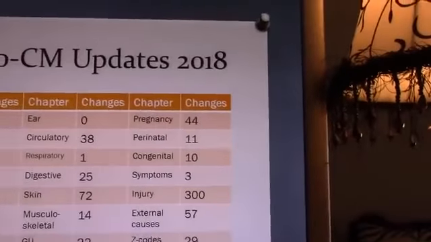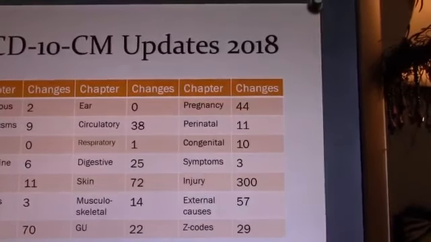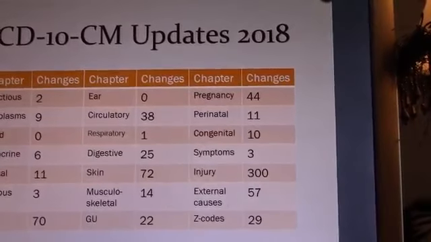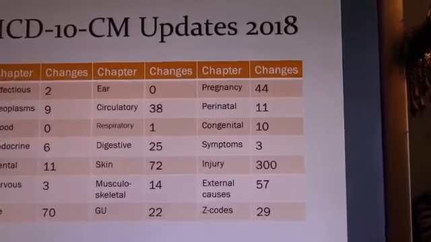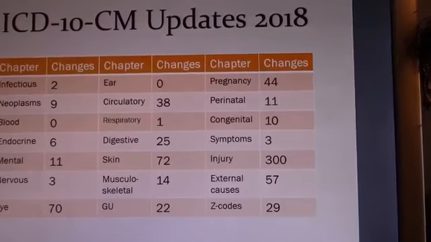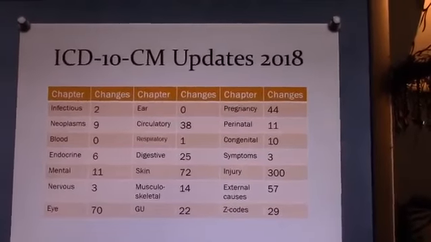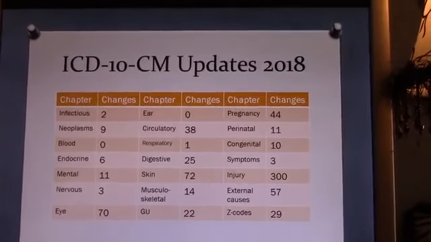Pregnancy, 44 changes. Perinatal, 11. Congenital, 10. Symptoms, 3. Injury. Why doesn't this surprise me? 300 changes. External cause, 57. And Z codes had a total of 29 updates or changes.